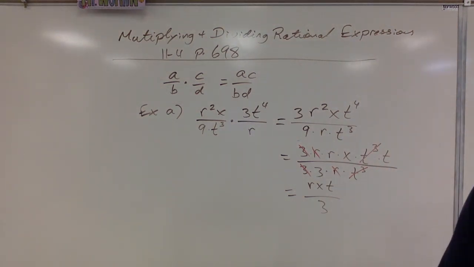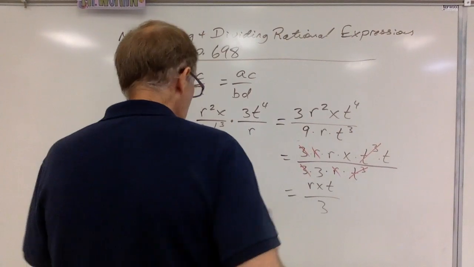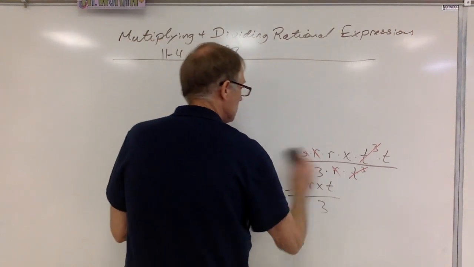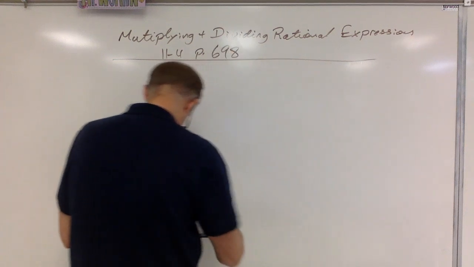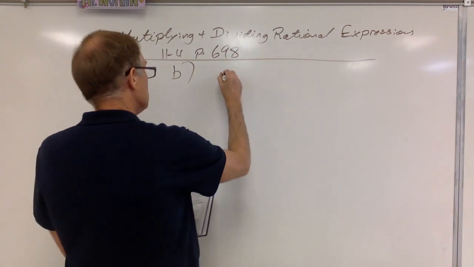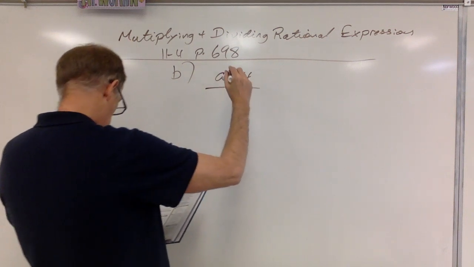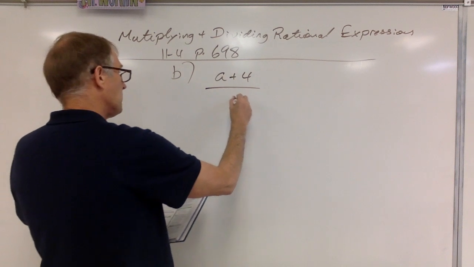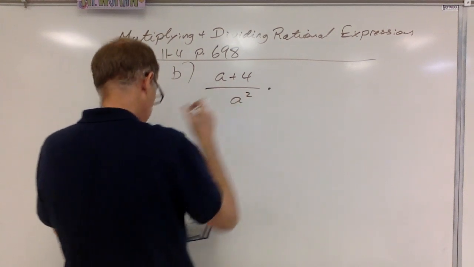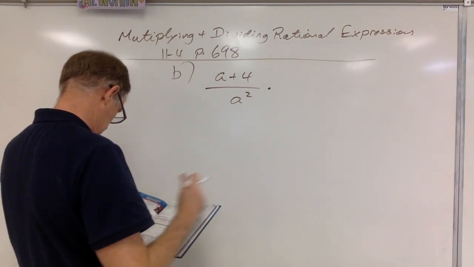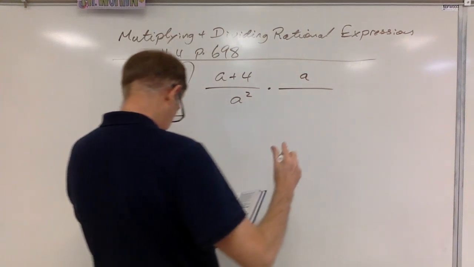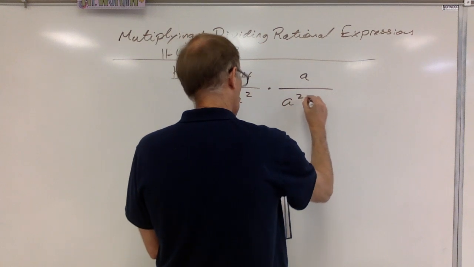So let's do another one. This is going to be example B. It's 8a plus 4 over a squared, times a divided by a squared plus 2a minus 8.